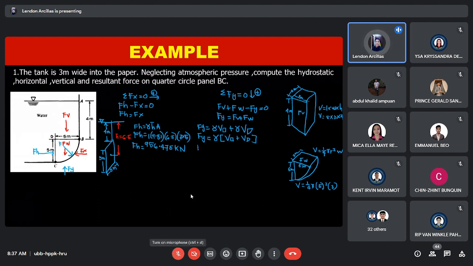So, lagay natin sa equation. Specific weight ng tubig, since same lang ng tubig nito, that is 1 times 9.81 kilonewton per cubic meter, right? Times the volume of the rectangular prism, that is 5 times 3 times 4, plus the volume of the quarter circle, that is 1/4 pi times 5 squared, the radius squared, times the width, 3.